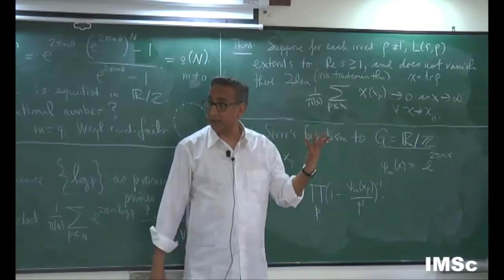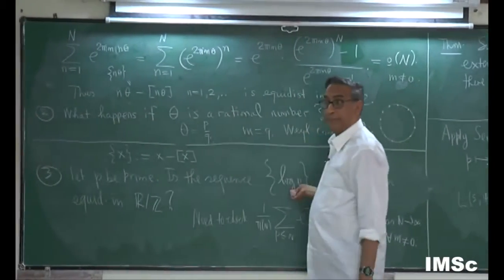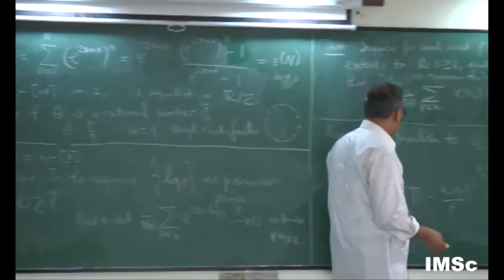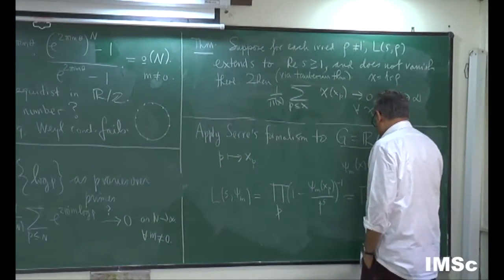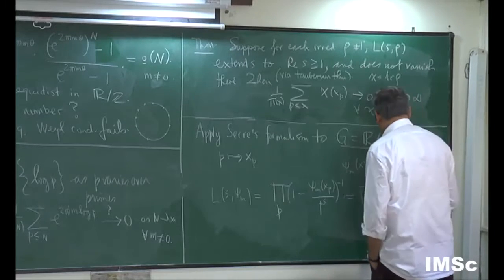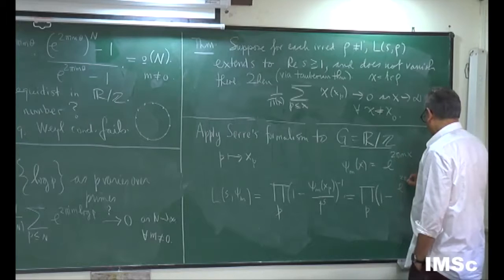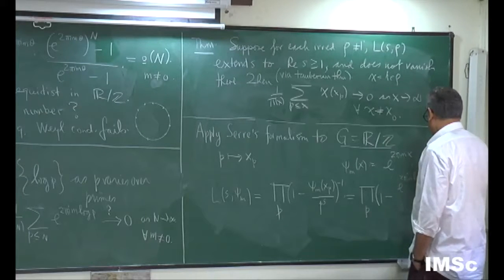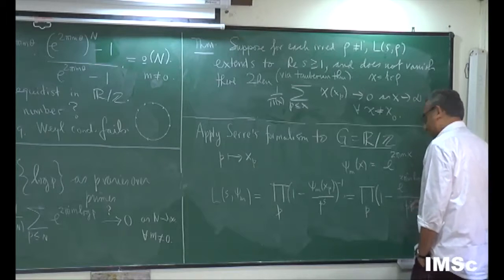So let's look at our sequence. Our sequence is p goes to log p. So our L function in this case is just the product over p of 1 minus e to the 2 pi i m log p over p to the s, inverse.